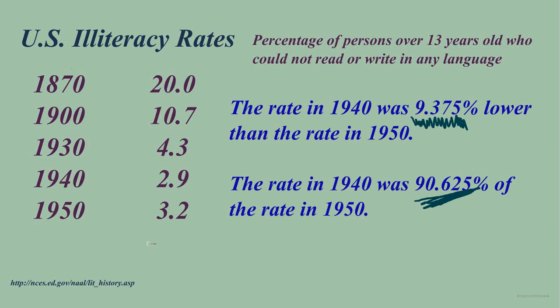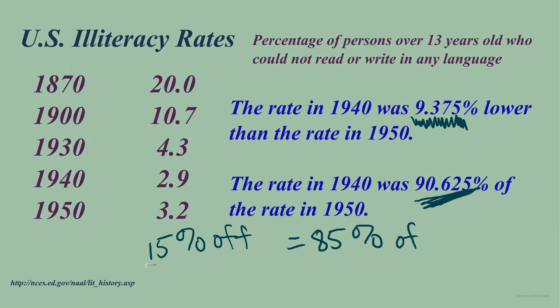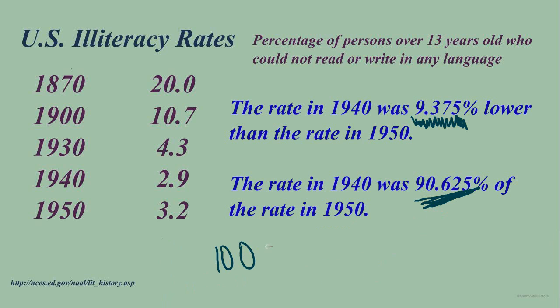And this is just like when we've talked about a decrease of 15% means the same as looking for 85% of the full price. So a 15% decrease, 100 minus that 15% off, equals your 85%. It's the same thing that's happening here.